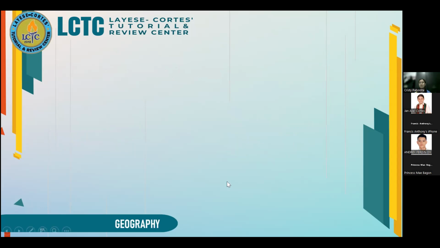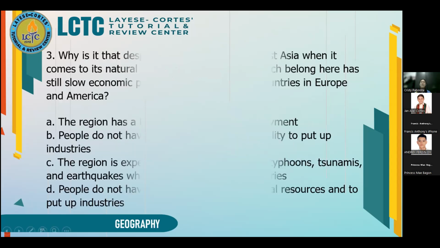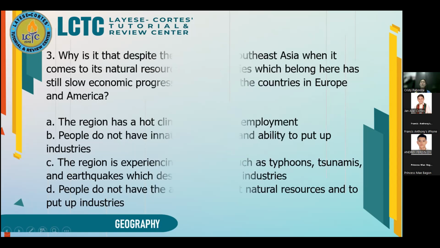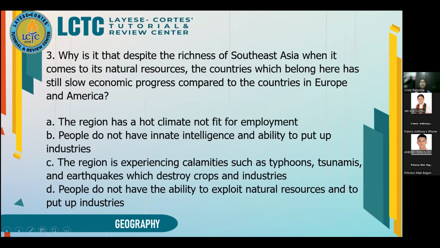Okay, next question. Geography again. Why is it that despite the richness of Southeast Asia in natural resources, the countries which belong here still have slow economic progress compared to the countries in Europe and America?